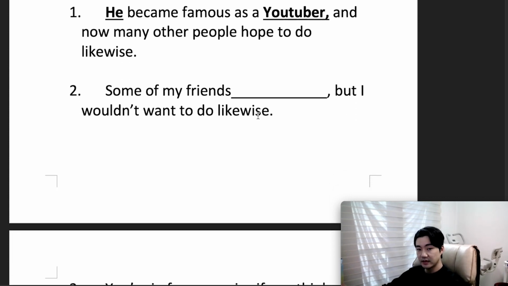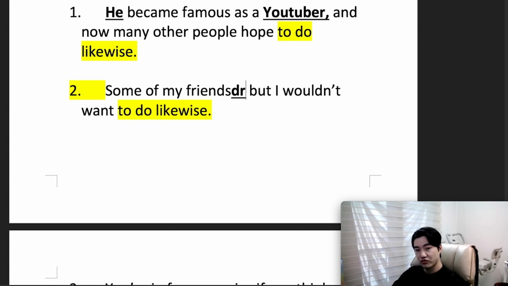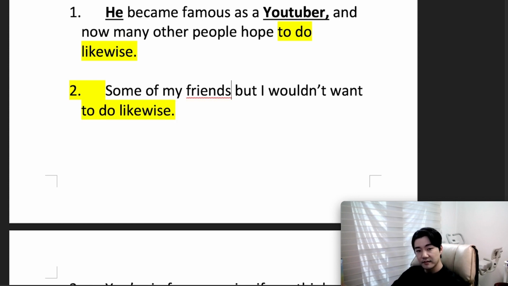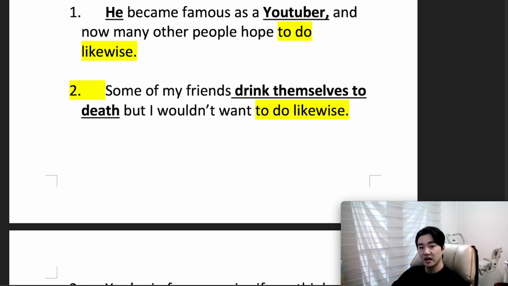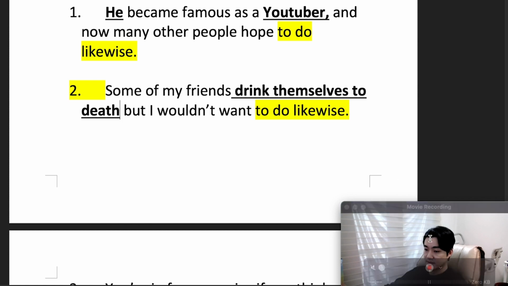Number 2. Some of my friends blank, but I wouldn't want to do likewise. Alright, want to do likewise. So some of my friends want to drink themselves to death, but I wouldn't want to do likewise.